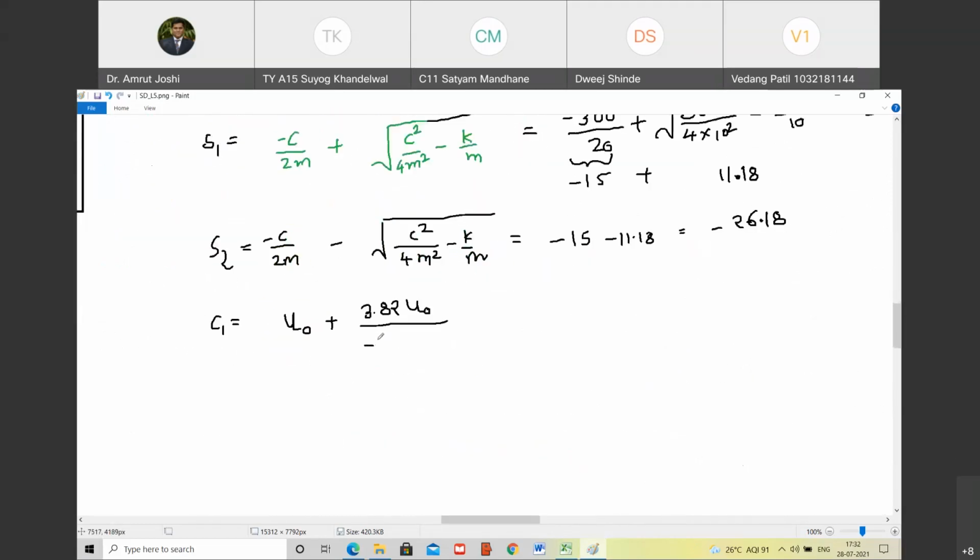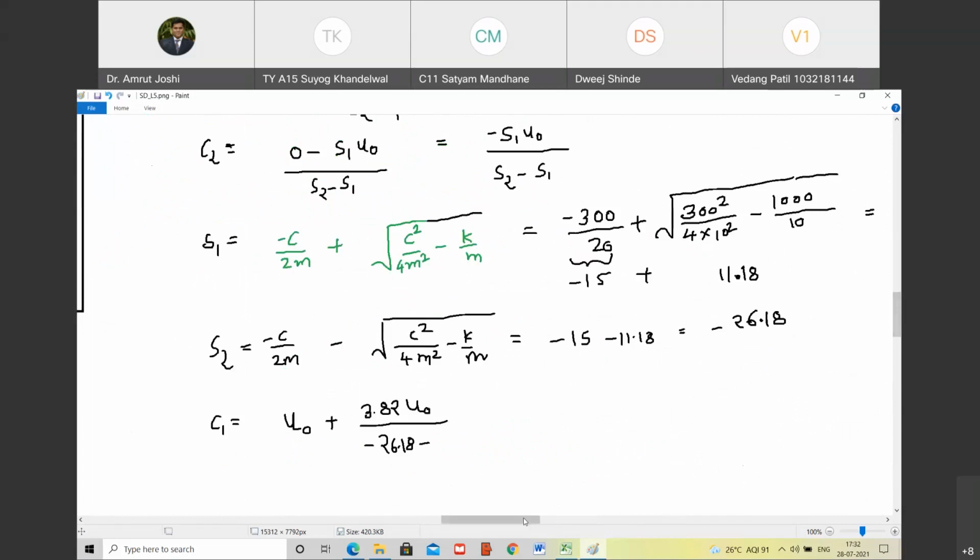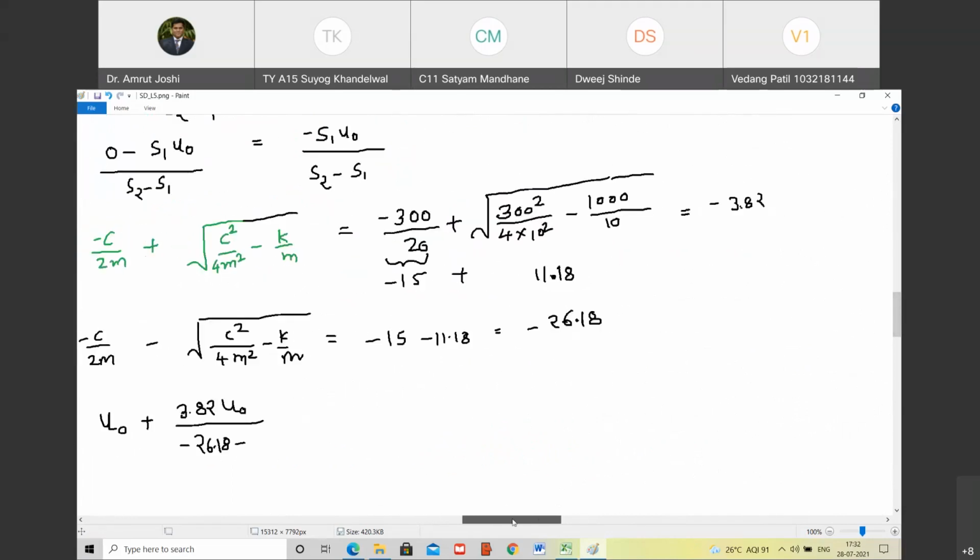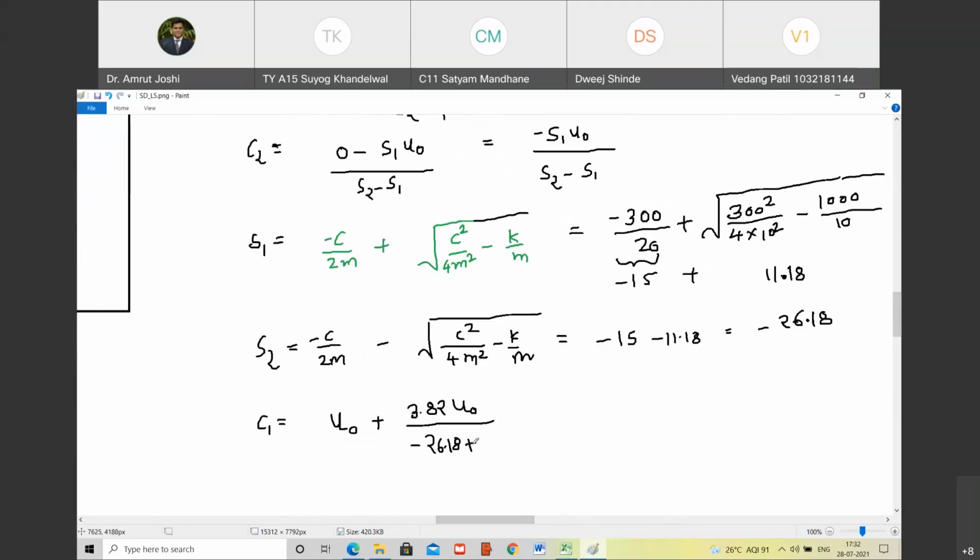So S2 is minus 26.18 minus S1. So it is going to be minus of minus, so it is going to be plus 3.82. Now tell me how much is this constant? 3.82 upon 3.82 minus 26.18.